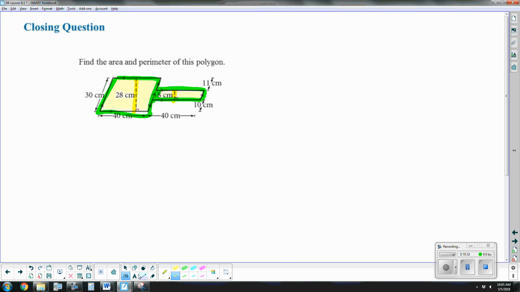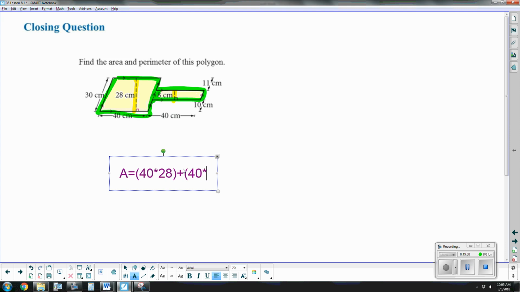So first I'm going to find my area. I know that the area of a parallelogram is base times height. So I'm going to take the base times my height of that larger parallelogram, and I'm going to add that to the base times the height of my smaller parallelogram. So 40 times 28, that's my larger parallelogram, and that's 1120.